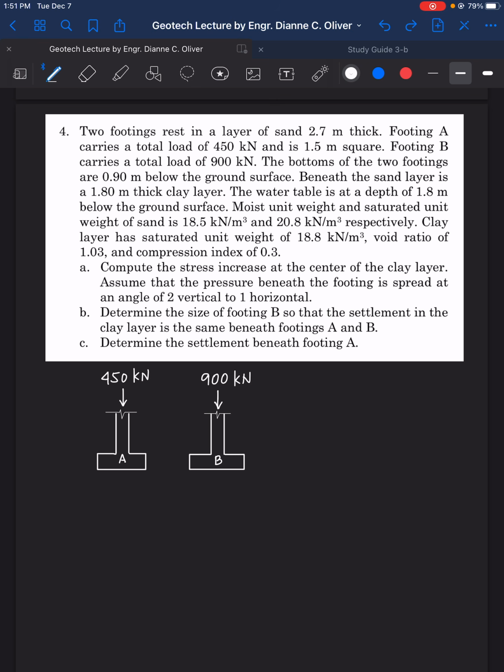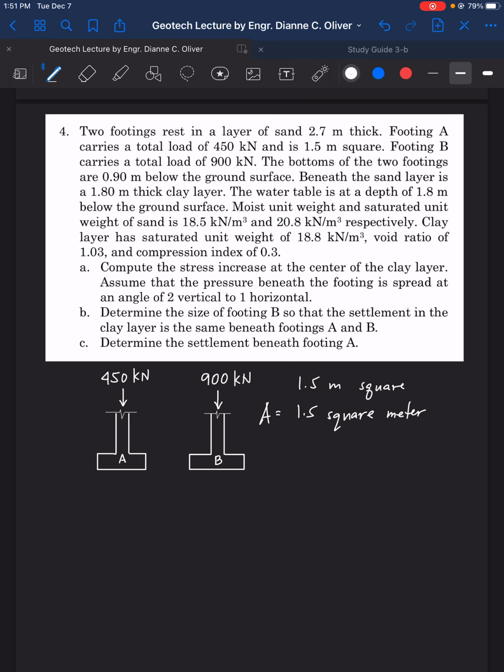Footing A has a dimension 1.5 meter square. Is that the area or a dimension? Remember, 1.5 meter square is different from 1.5 square meter. Which one of these two is the area?